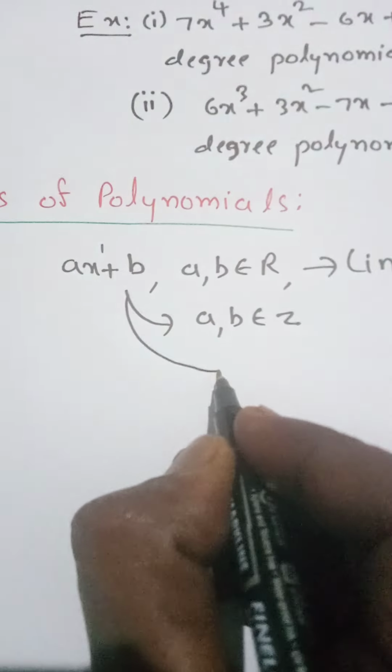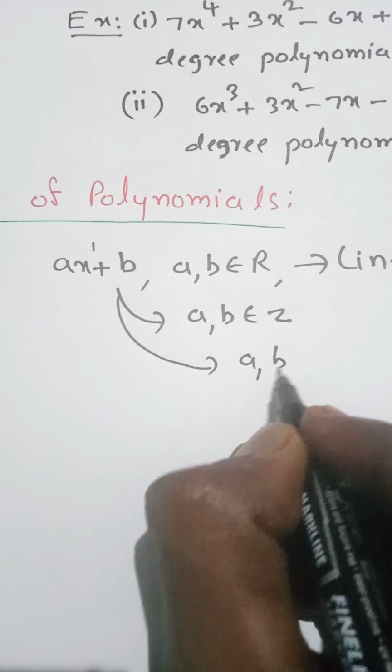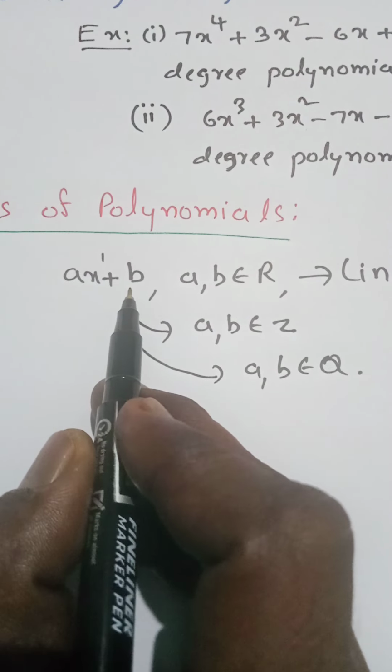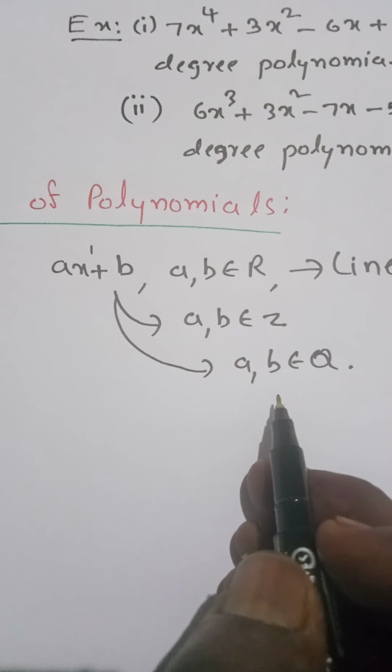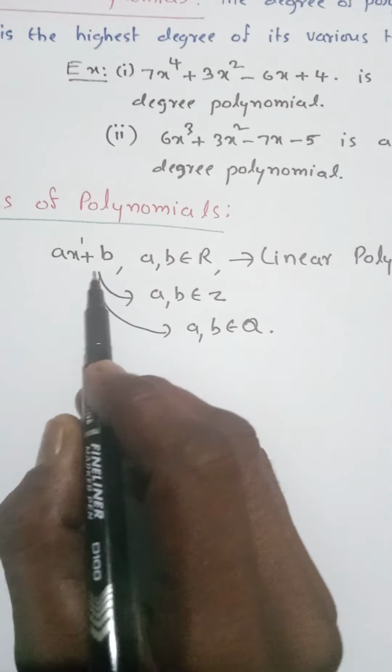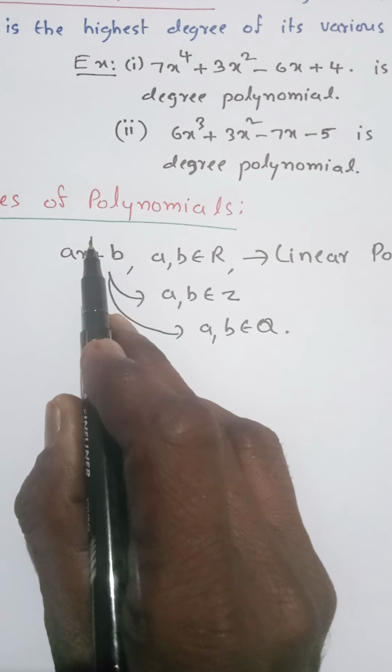If both a and b are rational numbers in the polynomial ax plus b, then we call it a rational linear polynomial. So you need to remember only one thing: the degree of a linear polynomial is always 1.